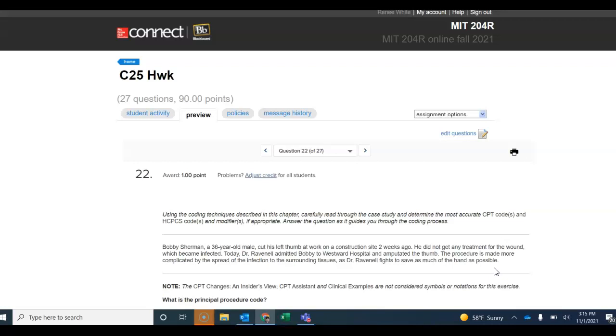So 26910, the code description is amputation, metacarpal, with finger or thumb, single, with or without interosseous transfer. Then our next option, which happens to be 26951, is that next code, and the 52 is the next code. So they're all right there together.